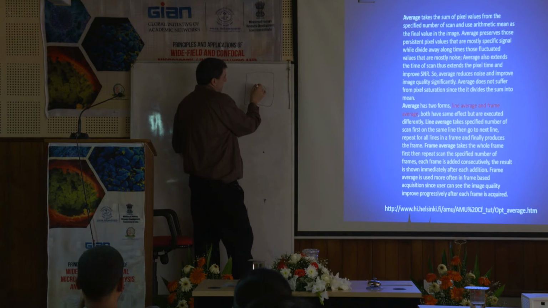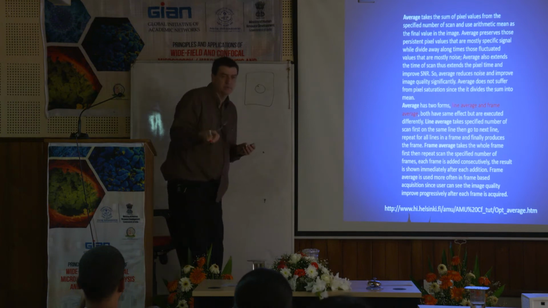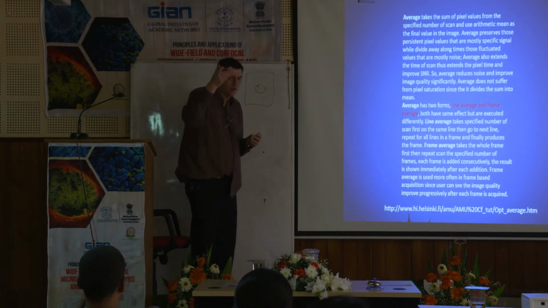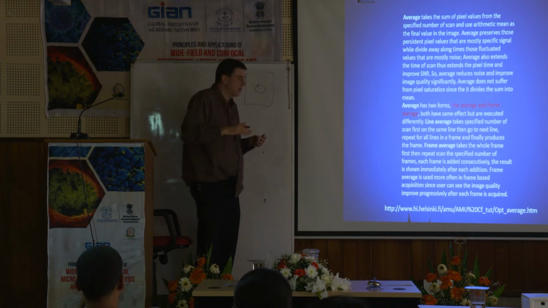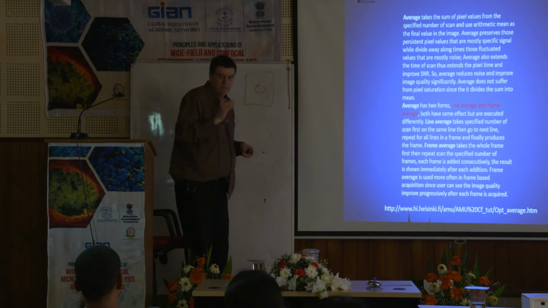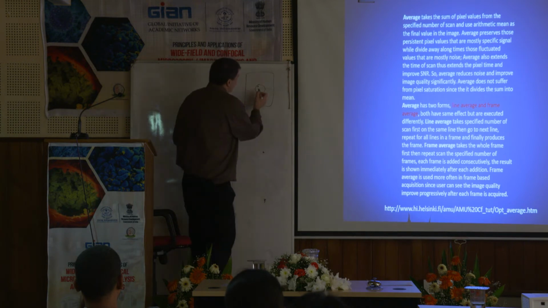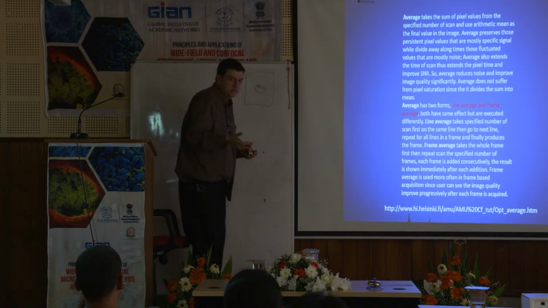So like if I take a picture on my first scan of it, and I see this dot, and I come back the next time, I do it again, and I see this dot again, and I do it a third time, and I still see the same dot, well, that dot's probably real, because it's been there all 3 of my times I've come through. All 3 of my pictures I've taken, I see that same dot, okay? So we'd probably say that's real, or we'd probably say that's our signal, because we've seen it 3 times.